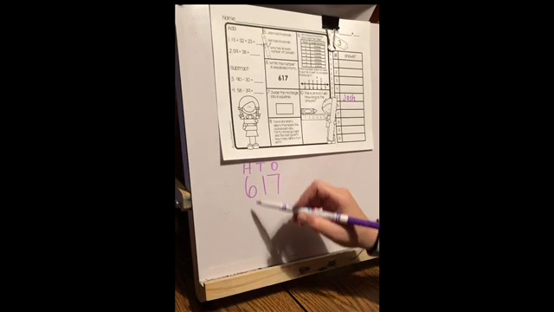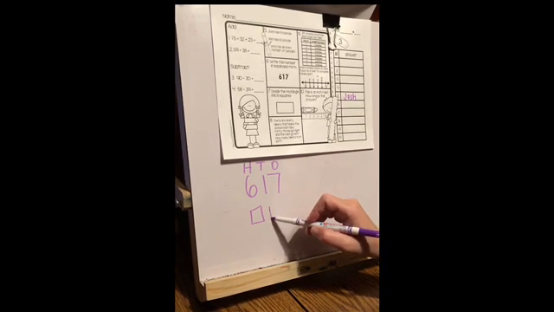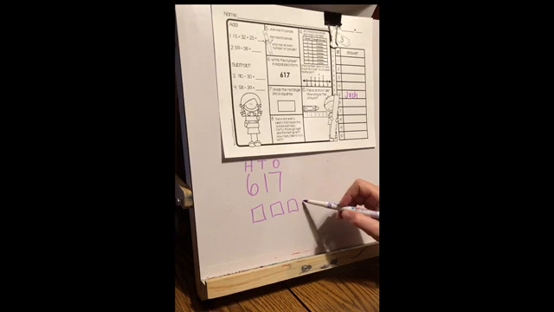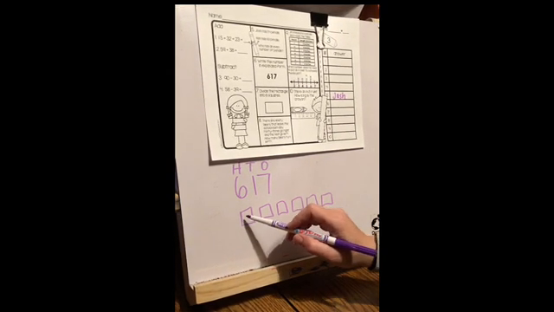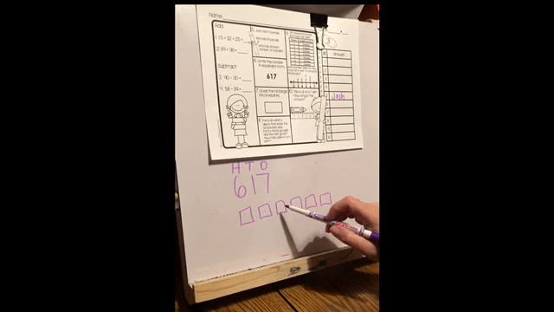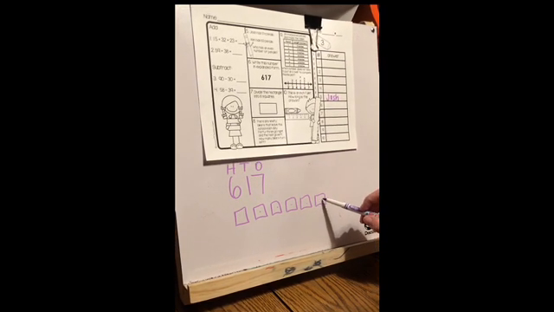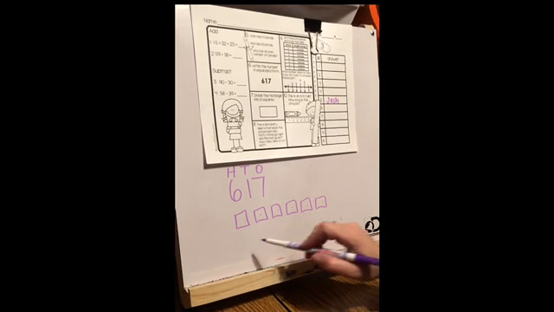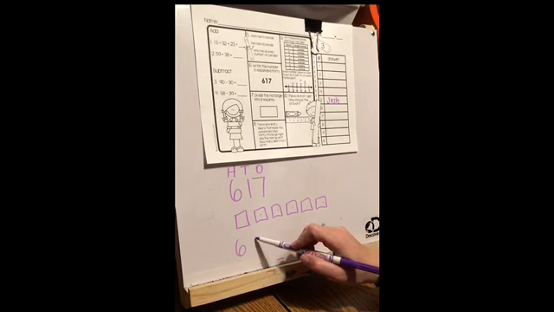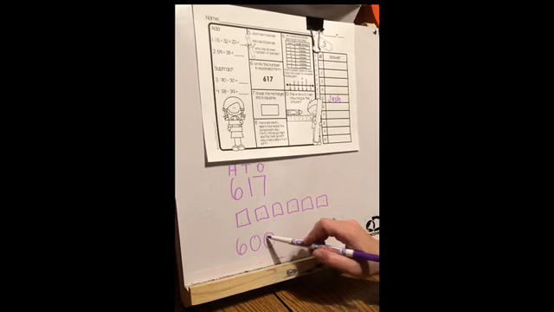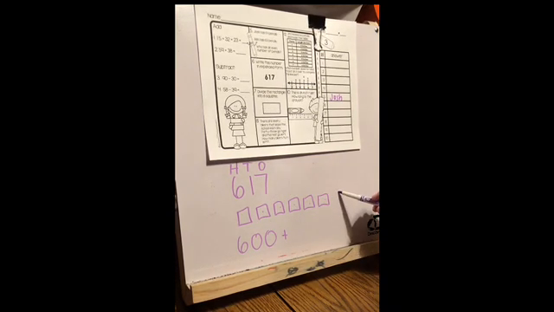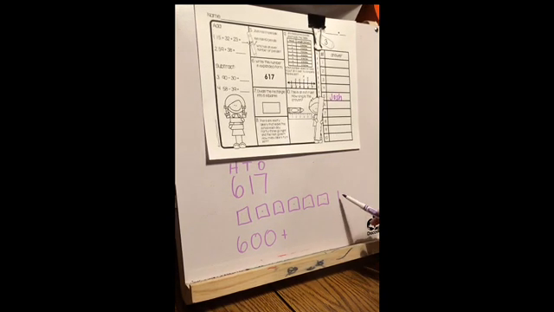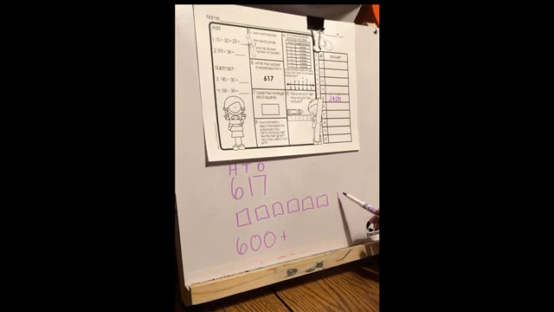place. So if we have 6 hundreds blocks, we know that its value, we would count these by hundreds, 100, 200, 300, 400, 500, 600. So we would know that the 6 in the hundreds actually has a true value of 600. Plus, we could draw one 10 rod, so we know we count those by tens, so we would just say 10.